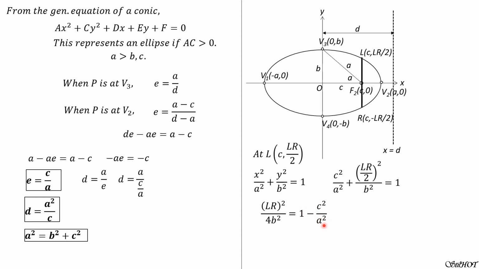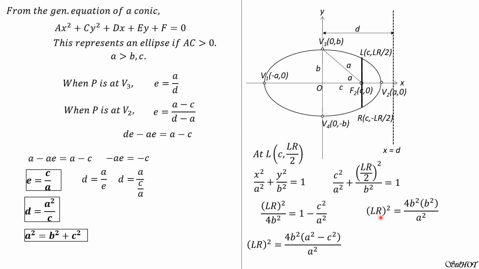The right side is a squared minus c squared over a squared, cross multiply. So LR squared equals 4b squared times quantity a squared minus c squared over a squared. And since a squared minus c squared from this relationship is b squared, we replace this by b squared. So LR squared equals 4b squared times b squared over a squared. LR squared therefore is 4b to the fourth over a squared.